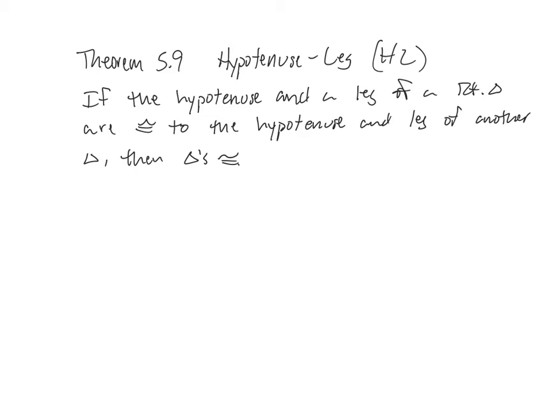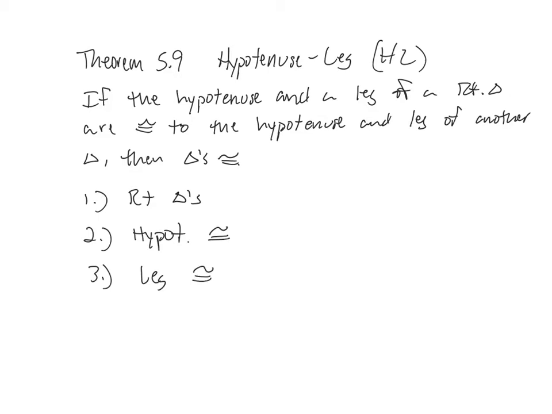So to use hypotenuse leg in a proof, you need to say three things. You need to say that you have right triangles, and then you have to have the hypotenuse congruent, which is the side across from the right angle, and you must say that a leg is congruent.